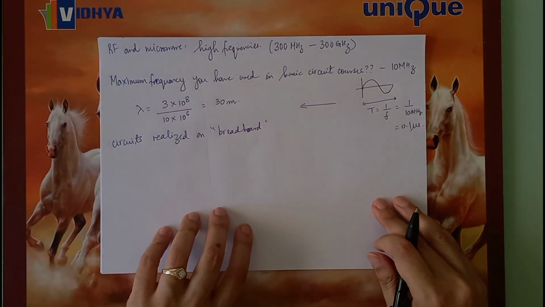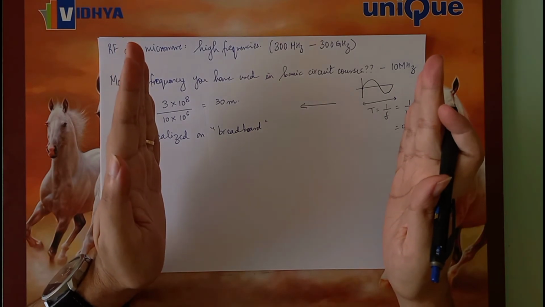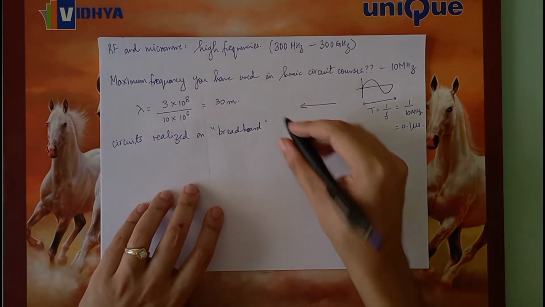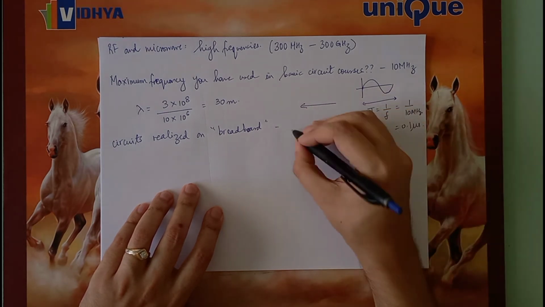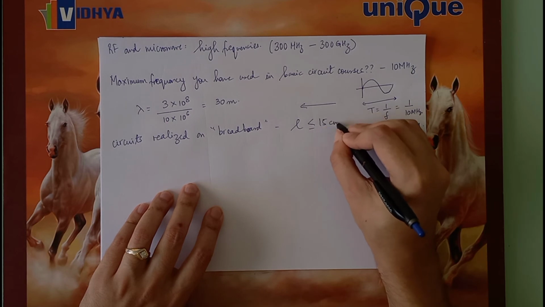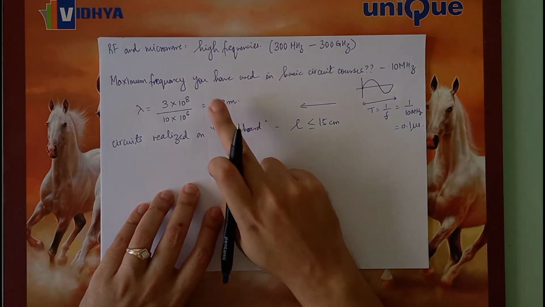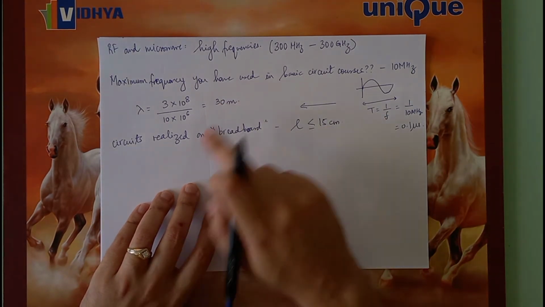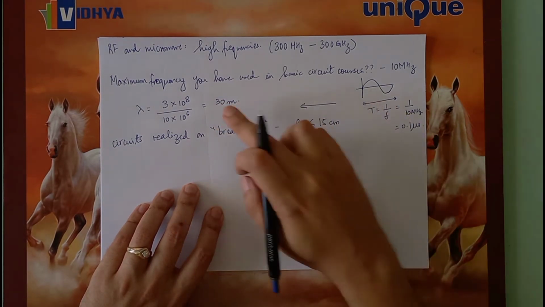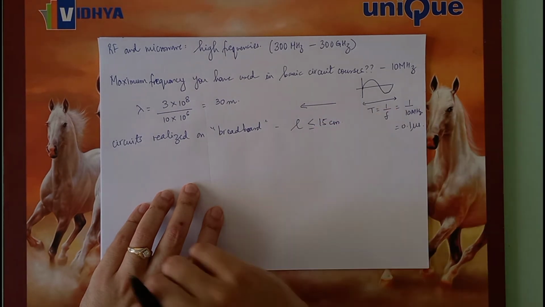A breadboard or a circuit board is about this much in length. So the length of the breadboard, let us say, is less than or equal to about 15 centimeters. Whereas the wavelength of your wave itself is 30 meters, which is many orders higher than the length of the breadboard.